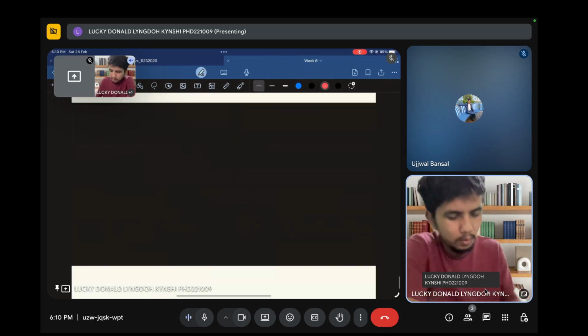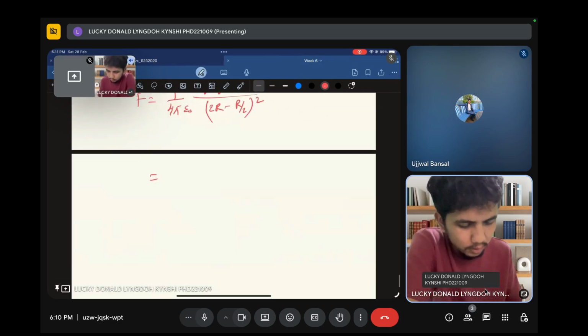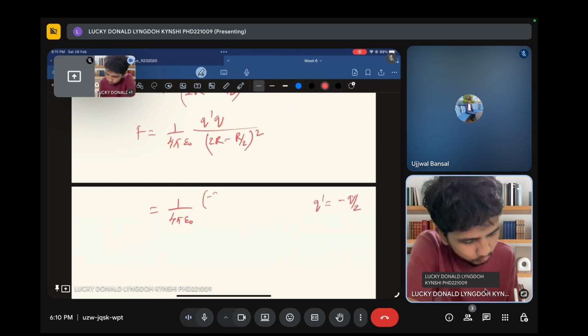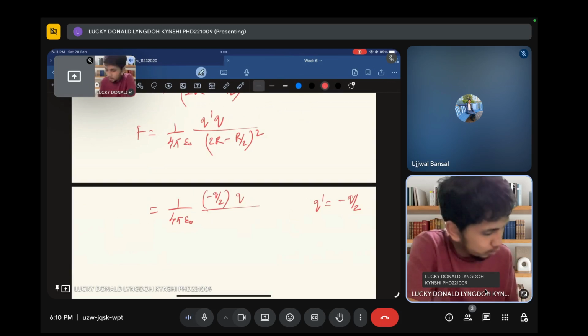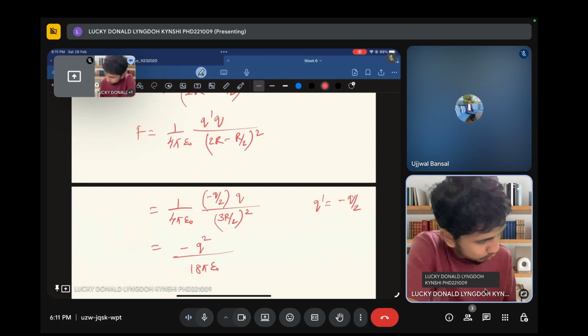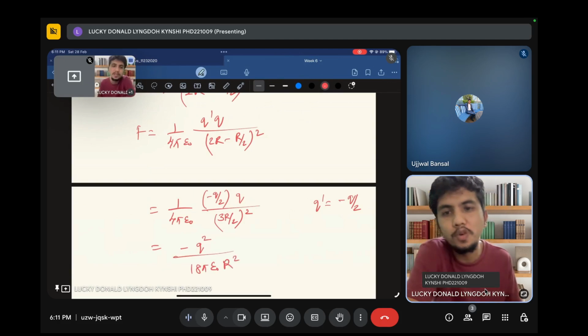This is equal to 1 divided by 4 pi epsilon naught, and you can replace q prime with minus q by 2, times q, divided by 3r by 2 whole square, since 2r minus r by 2 is 3r by 2. When you evaluate, you get minus q square divided by 18 pi epsilon naught r square.